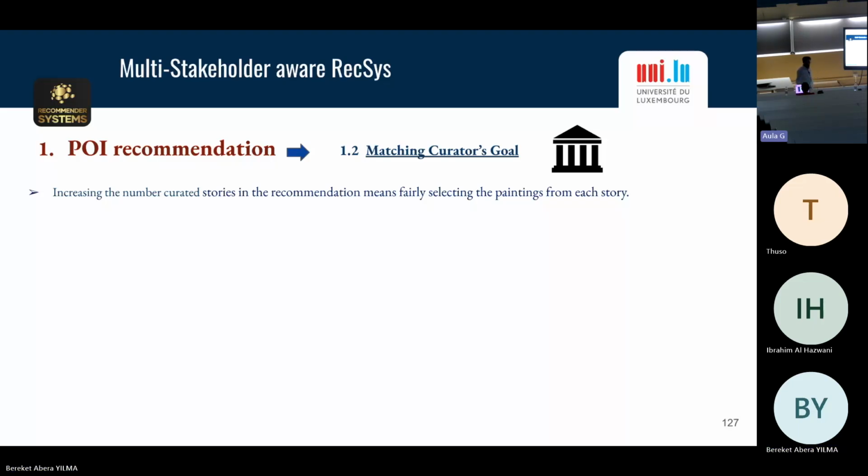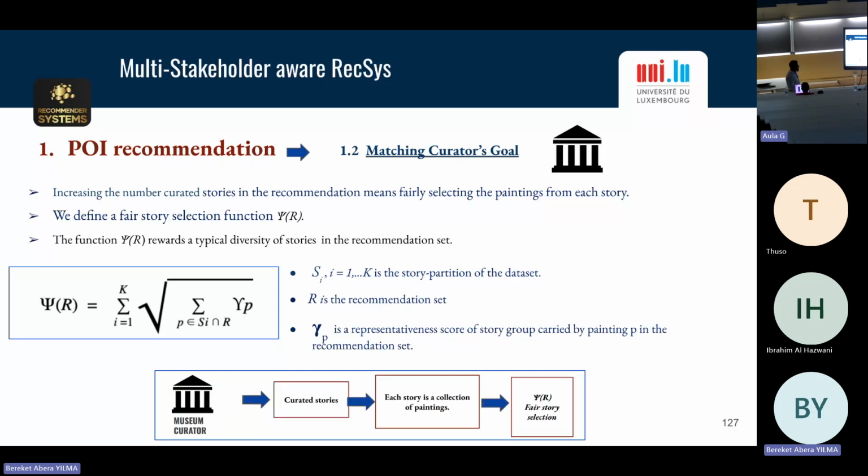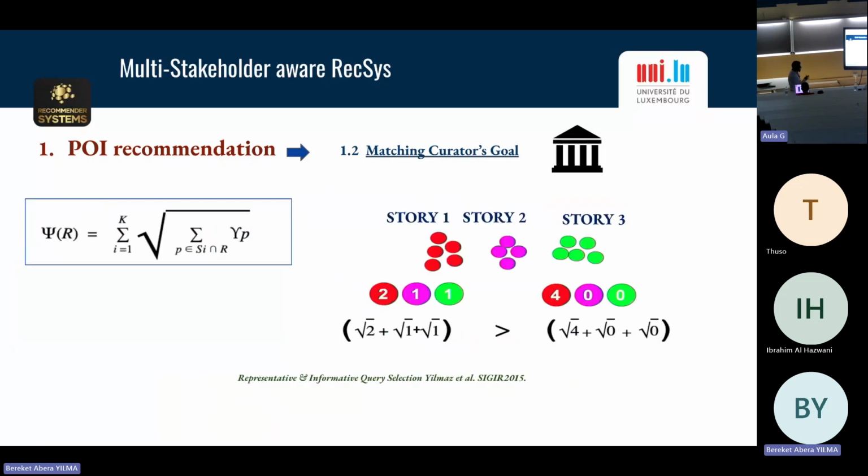So you have to find a way to model this curator's goal, which is exposing visitors to this set of content. So we introduced a fair story selection function, which tries to maximize the selection of the stories across these groups. It's easy to understand this way. Think of it as a basket. Let's say we have 3 story groups, the green, the purple, and the red.